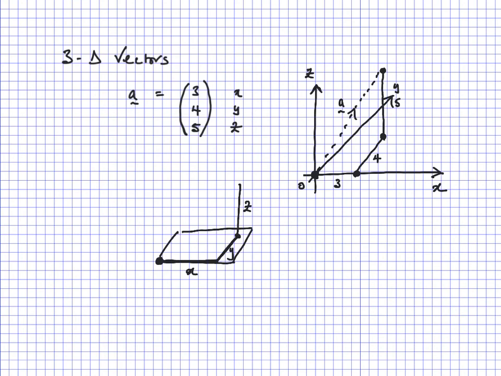What else can we do? Well, we can work out the magnitude of the vector A. So we square the x, square the y, and square the z components, add them all together and take the square root of the total. 9 plus 16 plus 25. And that's root 50.